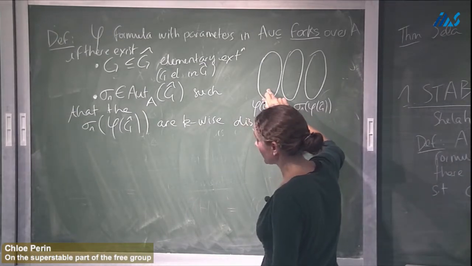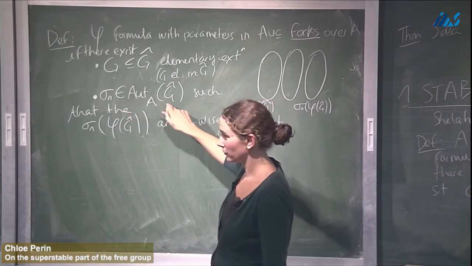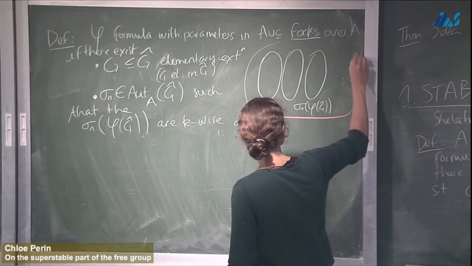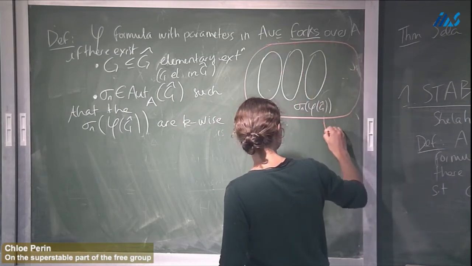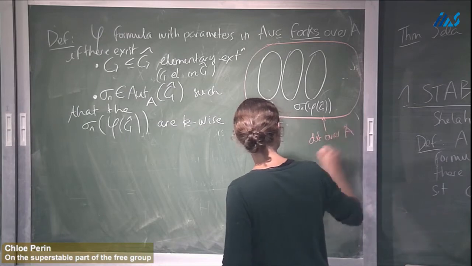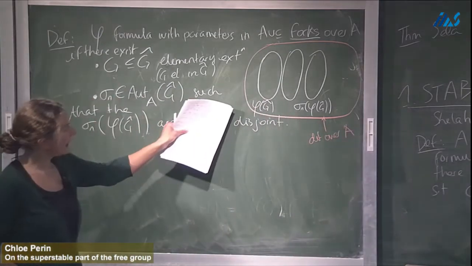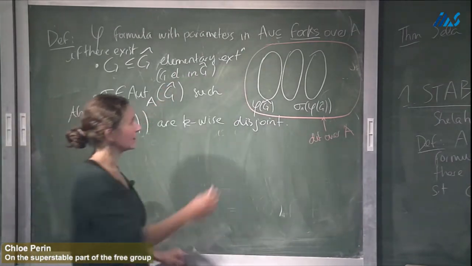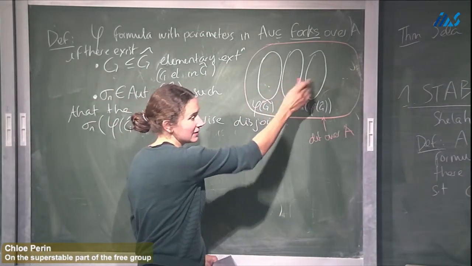Well, a set definable over A is invariant under all these automorphisms. So the picture will look like this. It means that inside any set definable over A which contains my original set, I can fit infinitely many translates of this set.